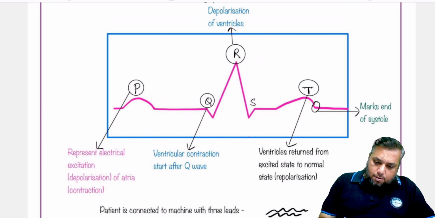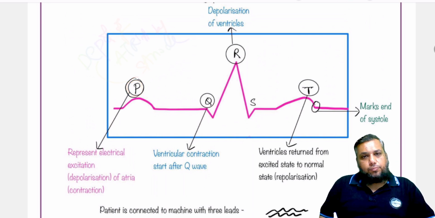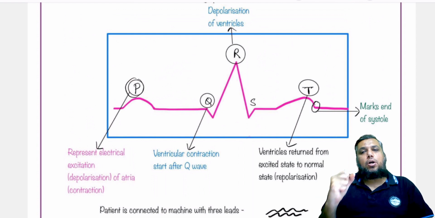So P wave, when do you get the P wave? The P wave is due to the depolarization of the atria by the sinoatrial node, and it will cause atrial contraction.